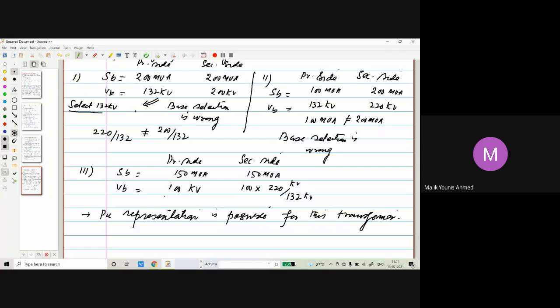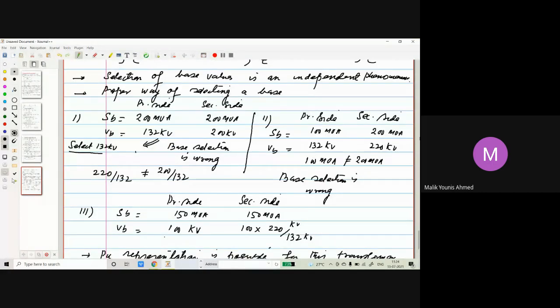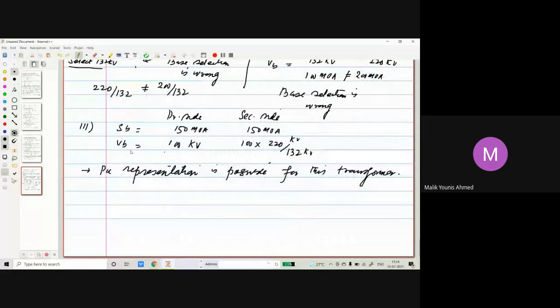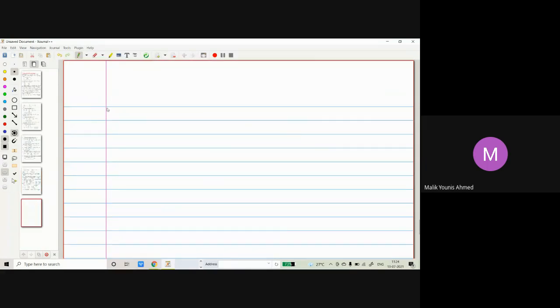So to remove the discontinuity, to remove this magnetic coupling, the magnetic discontinuity, the base has to be multiplied by the transformation ratio, and that is how the voltage base will be selected. We cannot select it either of these other ways, so that is not the way to select. The proper way of selecting the base value is: the primary will be given to you, and the secondary will be obtained by multiplying by the transformation ratio. I hope this is very clear.